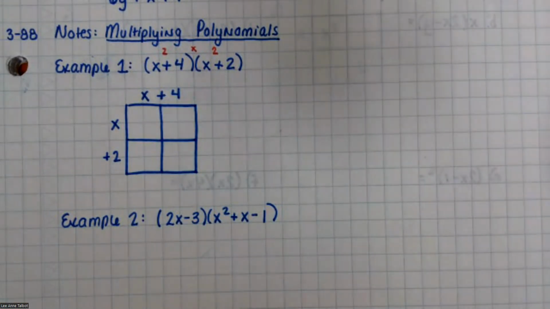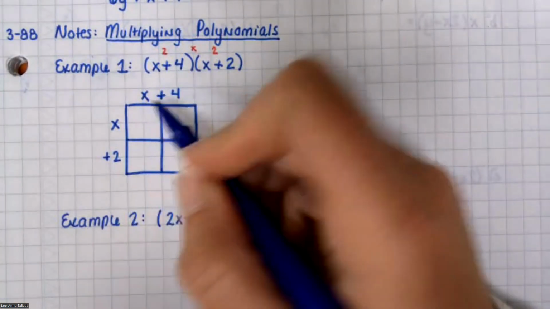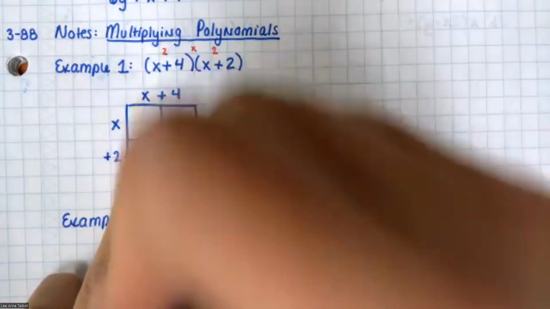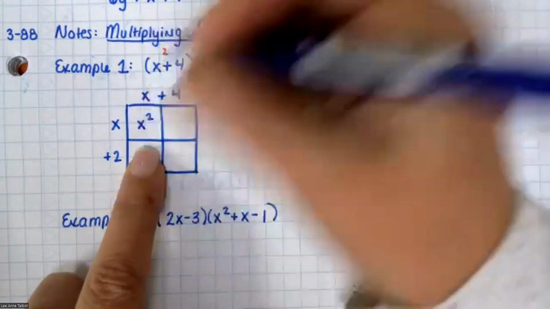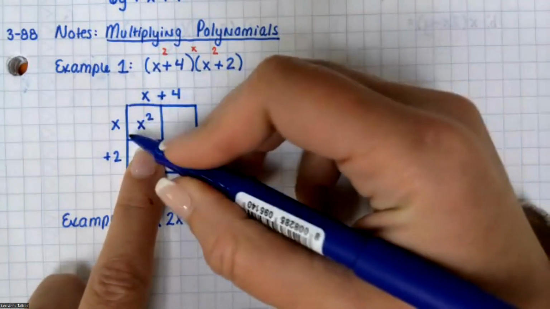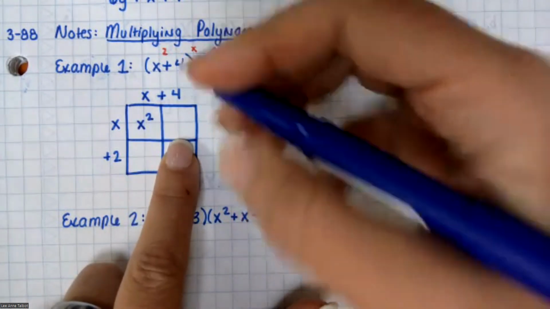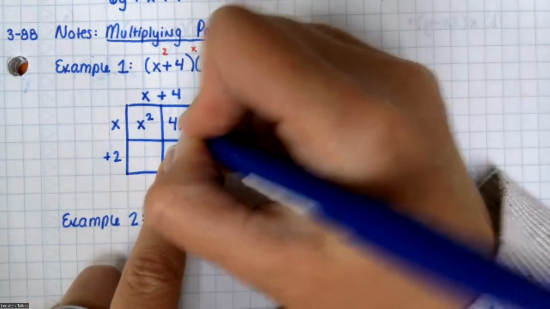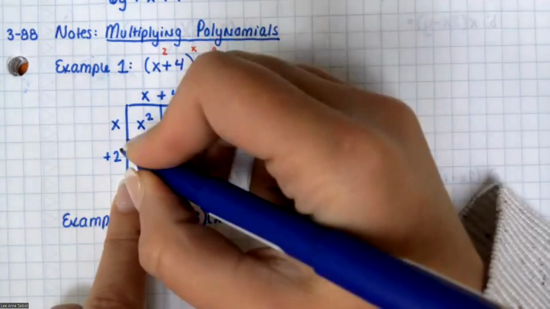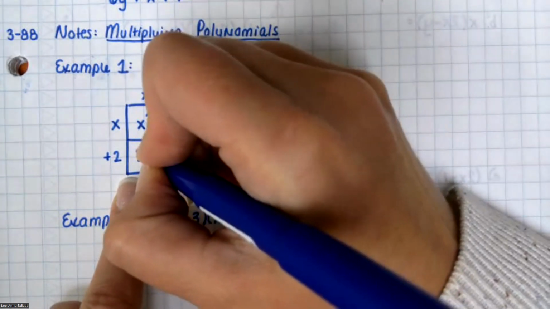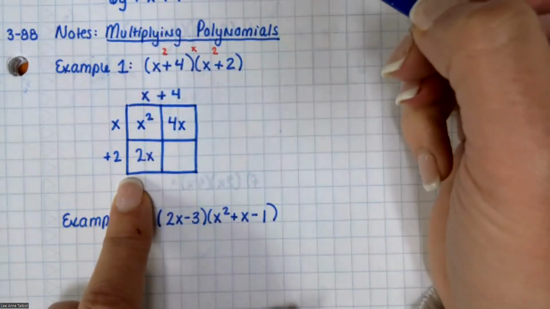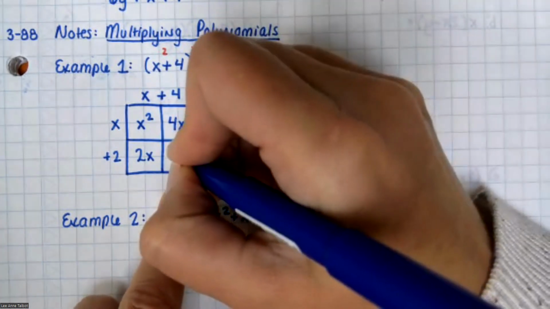Okay, so what is x times x? X squared, beautiful, perfect. What is x times 4? 4x. What is x times 2? Yep. A couple of us have this down. 8.